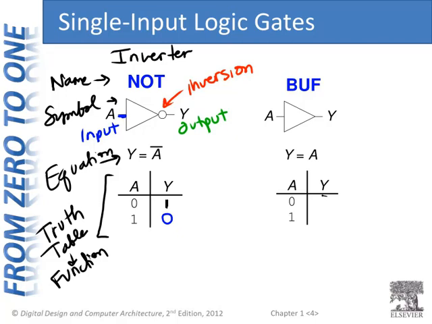If the input A is 0, output Y is 0. If input A is 1, output Y is 1. And so the buffer takes whatever its input is and just delivers it directly to the output.